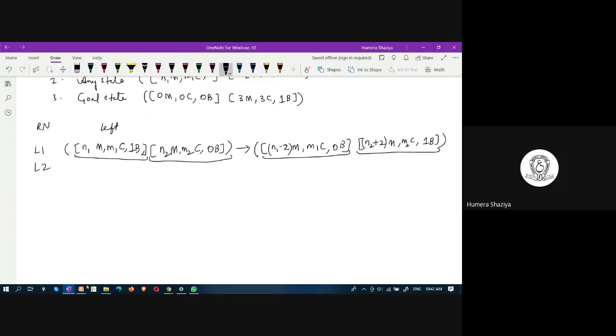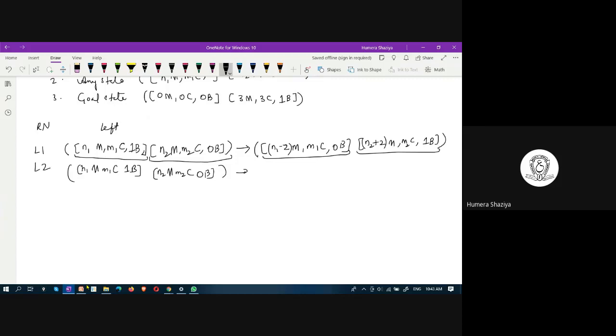Rule number 2. In rule number 2, this will remain as it is. This N1M, M1C, and 1B is left. N2M, M2C, 0B. This is the present state.